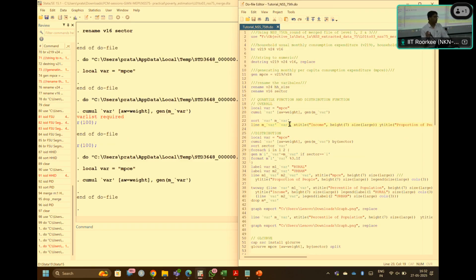But here our purpose is to identify the gaps. So gaps can be derived, I think, with this data set. Like in households, if you have very high values, they will be above the poverty line anyway for poverty analysis. It's not going to make much difference.